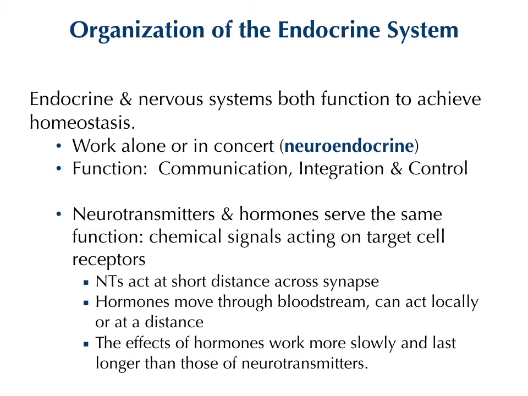Hormones instead move through the bloodstream, and they can act either locally or at a distance. The effects of hormones will work more slowly but last way longer than those of the neurotransmitters.